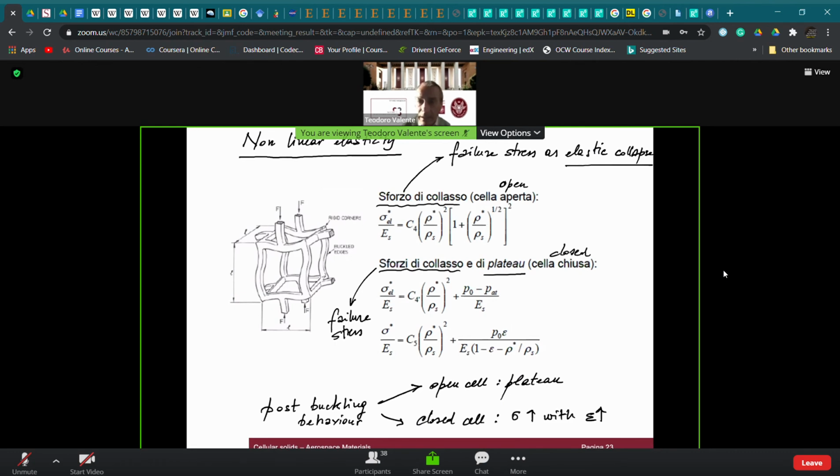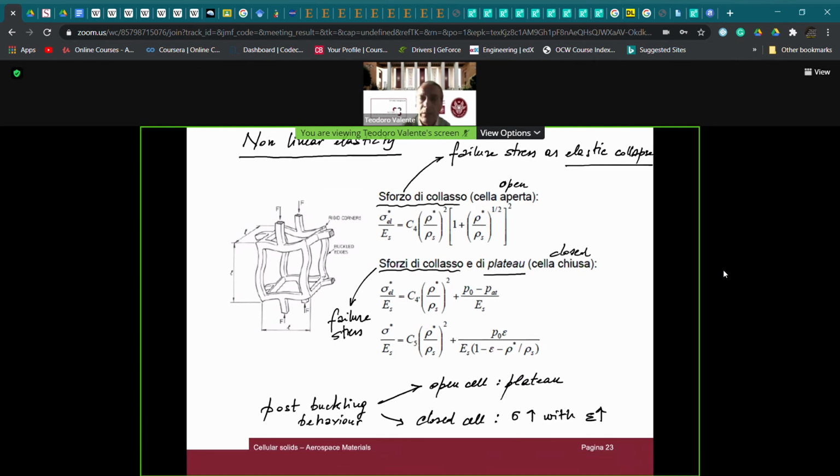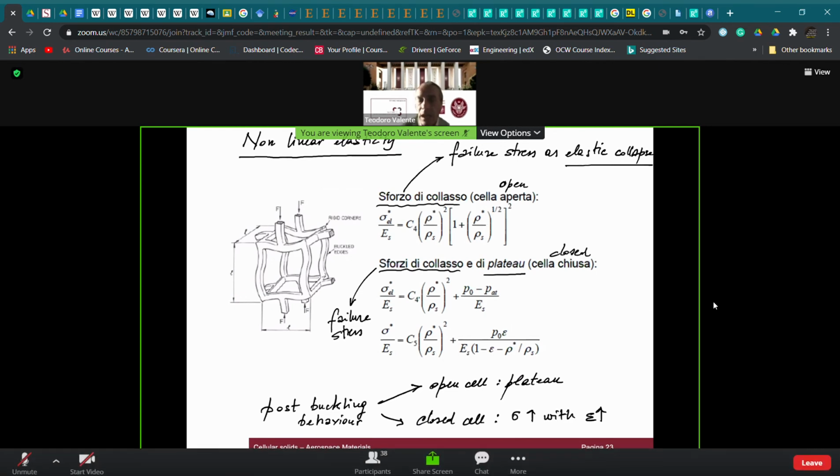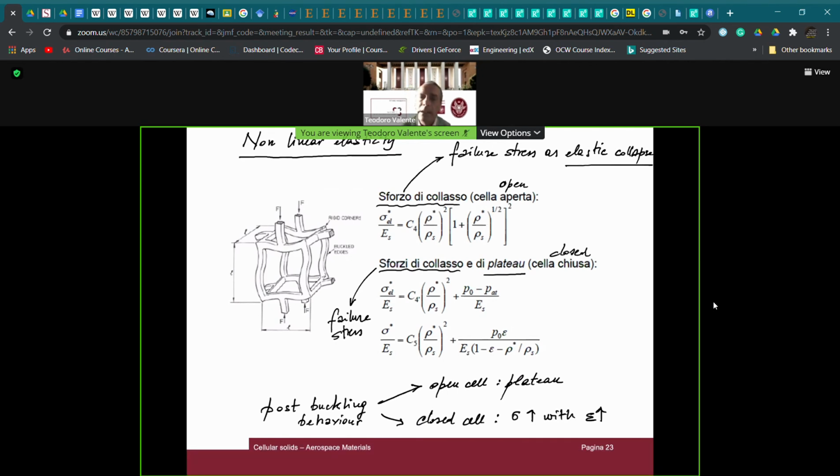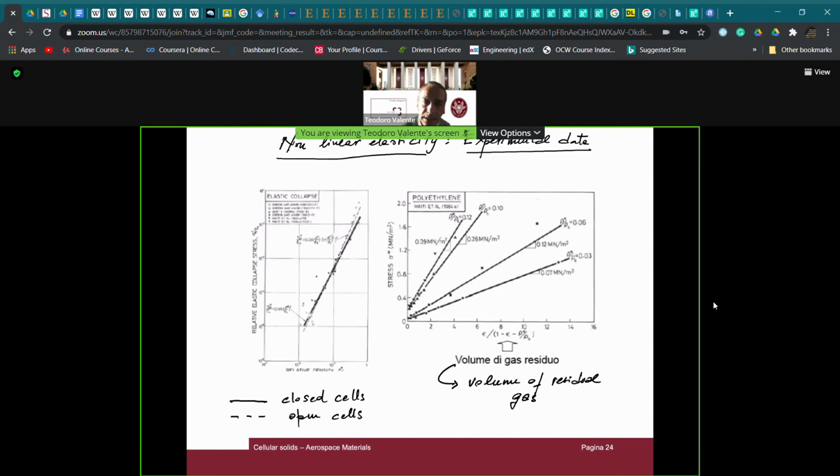This for the buckling. Okay, so the buckling in the case of open cells, and then the slow increase in stress, which we call here plateau, in the case of closed cells. Does it work? Yes, it works.